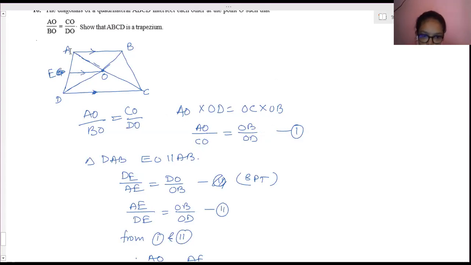So AE by DE is equal to AO by OC. Then by converse BPT, EO is parallel to DC. We took the construction EO parallel to AB, and by proving we have shown EO is parallel to DC. So AB and DC are parallel to each other. If AB and DC are parallel, then ABCD is a trapezium with one pair of sides parallel. Clear?